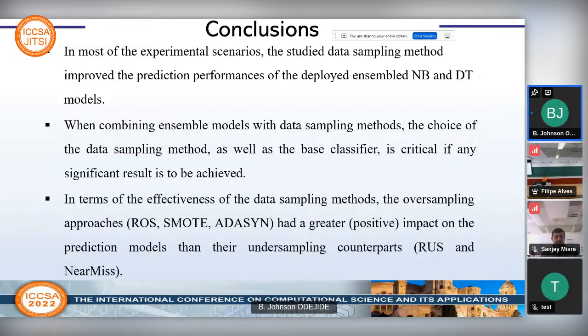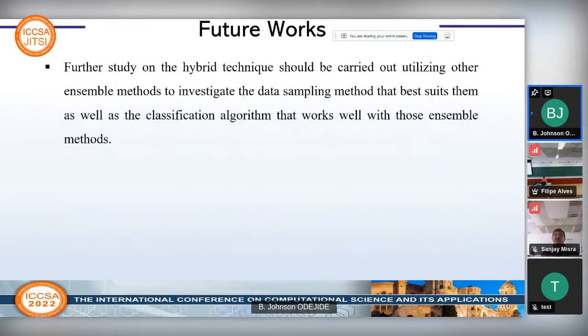And in terms of the effectiveness of the data sampling methods, we noticed that the oversampling approaches, in our case the ROS, the SMOTE, and the ADASYN, have a greater and positive impact on the prediction models than their undersampling counterparts. And even between these undersampling techniques, we could say that near miss performed better than random undersampling.